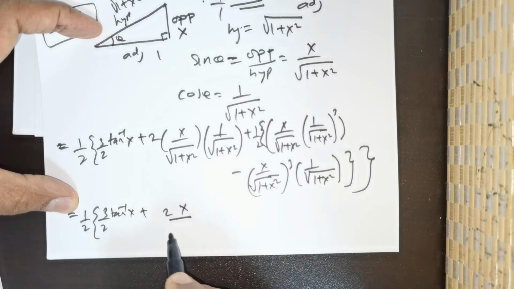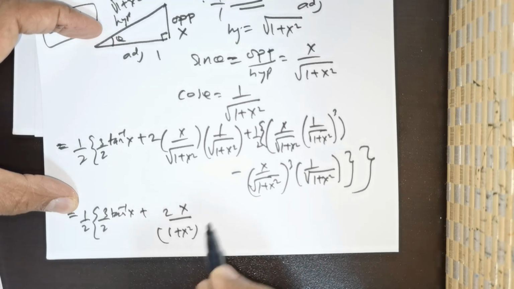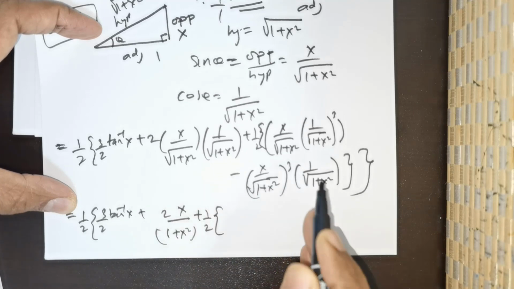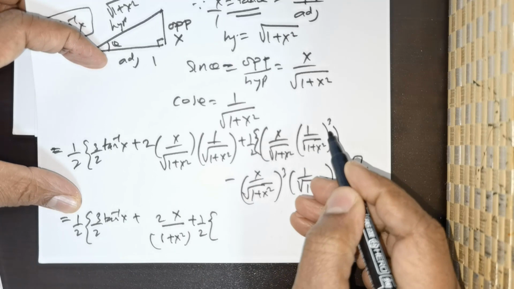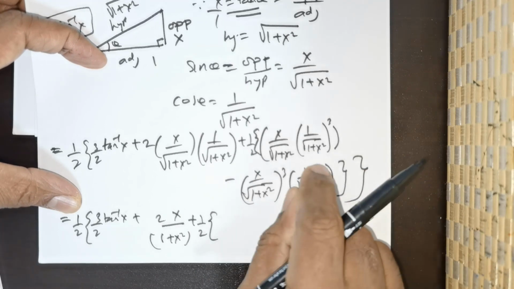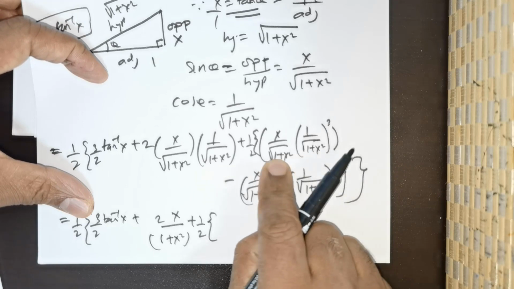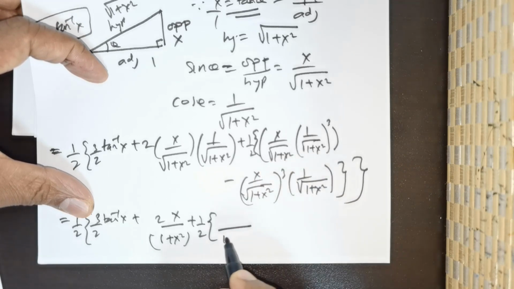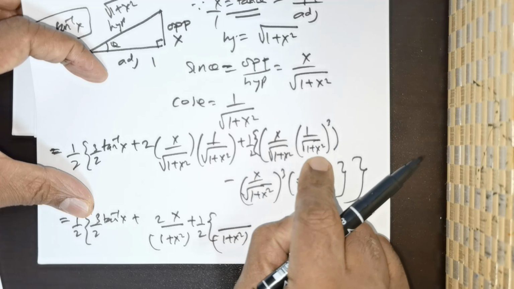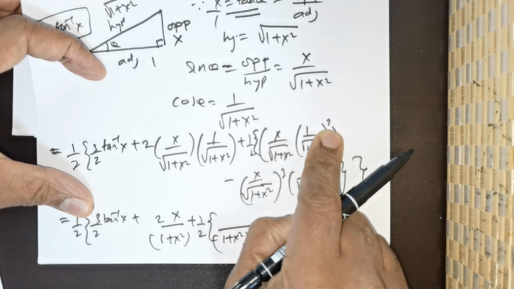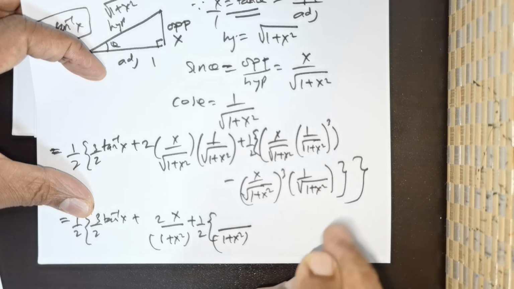That's going to be 1 plus x squared. Fair enough. Plus 1 over 2 is going to be multiplied everywhere. Now I can take 1 root of 1 plus x squared. That would give me 1 plus x squared, and for the rest I've got a degree 3 here, right? So I've got 2 more quantities.